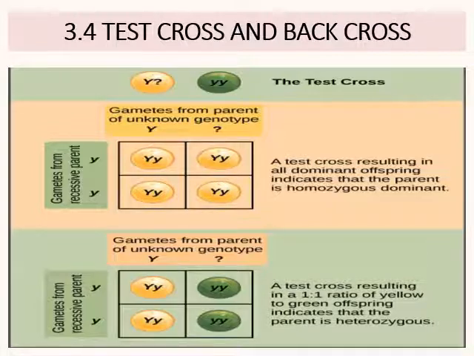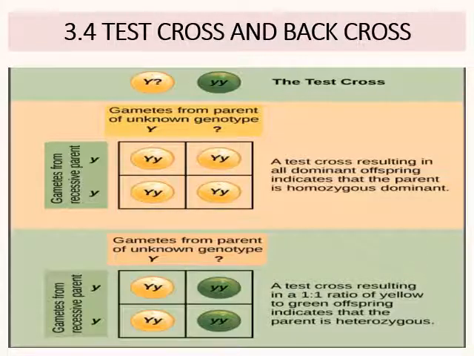And what is back cross? Back cross is cross of F1 hybrids with any one of the parents. It might be recessive or it might be dominant. So in test cross, F1 hybrids are crossed only with recessive parent, and in back cross, F1 hybrids are crossed with any one of the parents, that is dominant homozygous or recessive parents.